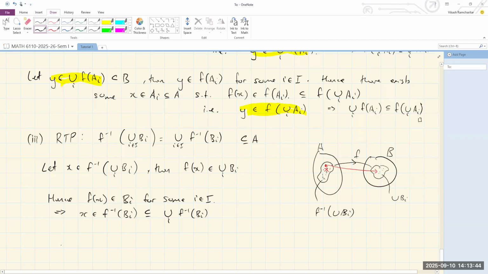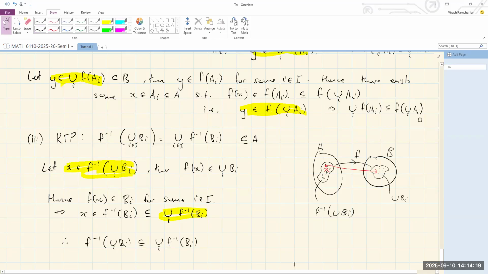Therefore, we started with x belonging to f inverse of the union of B_i, and we showed that x belongs to the union of f inverse of B_i. So f inverse of the union of B_i is a subset of the union of f inverse of B_i.